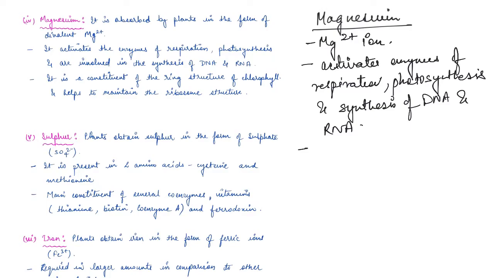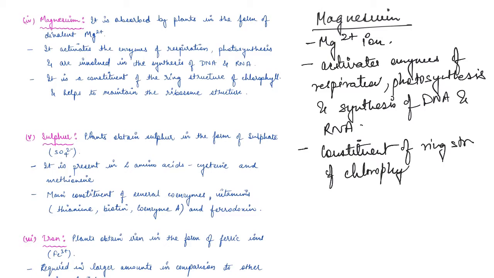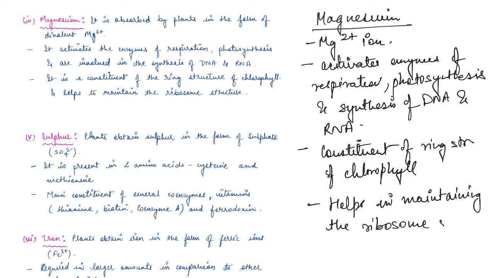So it basically is a constituent of the ring structure of chlorophyll, and it also helps in maintaining the ribosome structure, right? So all these are important functions of magnesium.